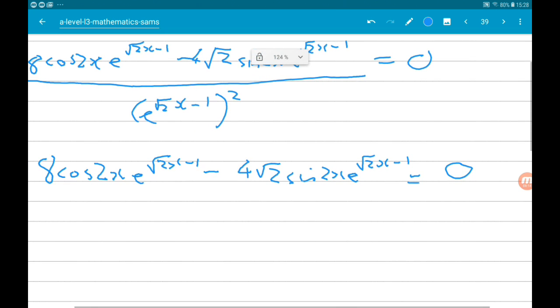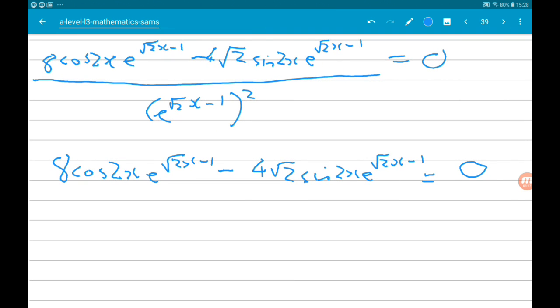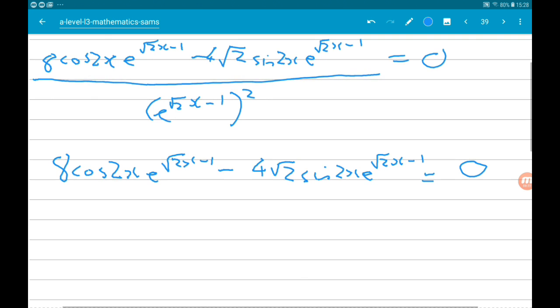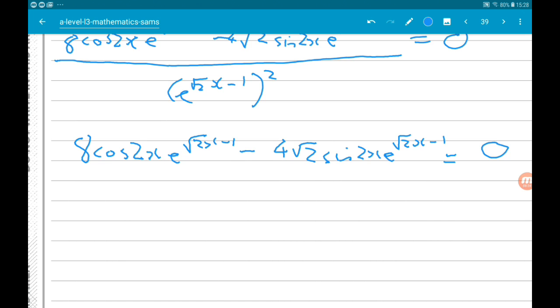Okay, the next thing we can do, which is very nice, is we can divide this horrible exponential away. So we then get left with 8 cos of 2x minus 4 root 2 sine of 2x is equal to 0.